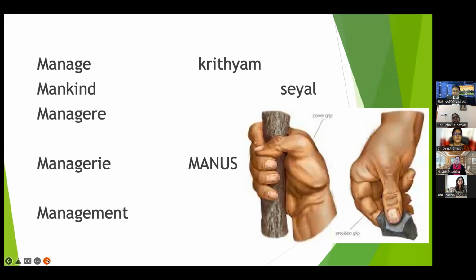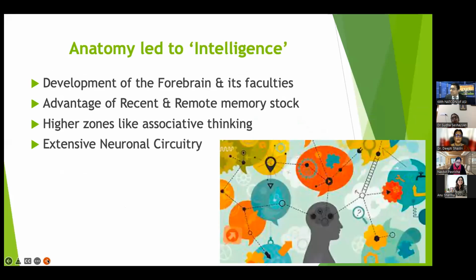I'm trying to emphasize this to make all of us understand that across the globe, everything that humankind has been doing has become possible primarily because of the factors of human anatomy.